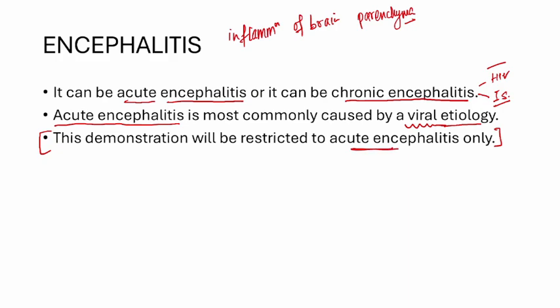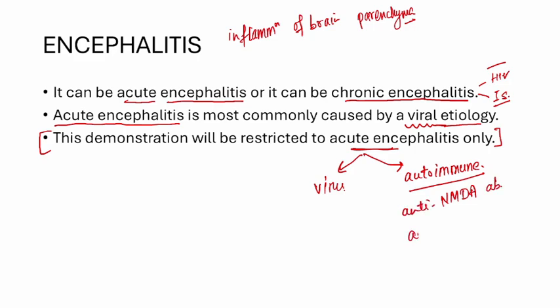Acute encephalitis can be caused by virus most of the times, but it can be autoimmune also. Nowadays, this etiology is also coming into light because of investigations. By autoimmune, I mean caused by anti-NMDA antibodies, anti-GABA antibodies, or anti-amphiphysin antibodies.